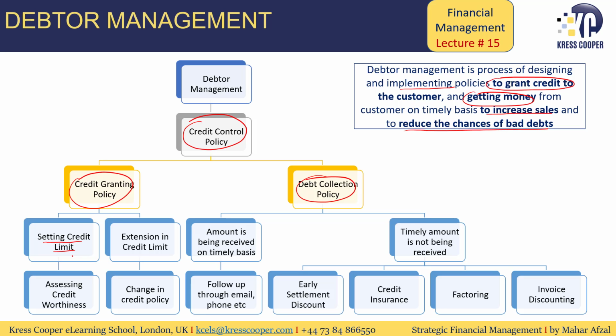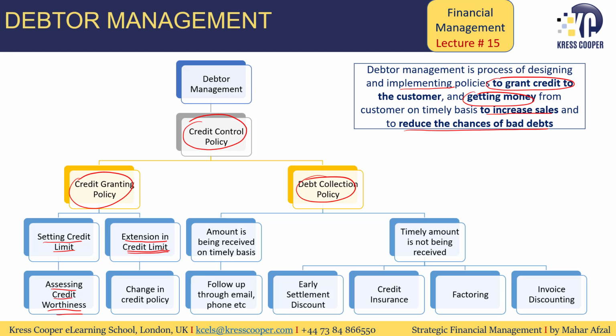Whenever we decide to set the credit limit, we will see how to assess the creditworthiness of the customer. Then we'll look into the extension of the credit limit that has already been given to the customer. So we'll see how we can extend the credit limit and how we can change the credit policy.